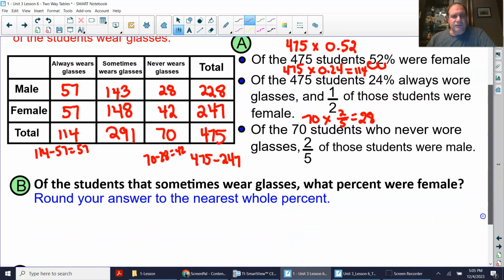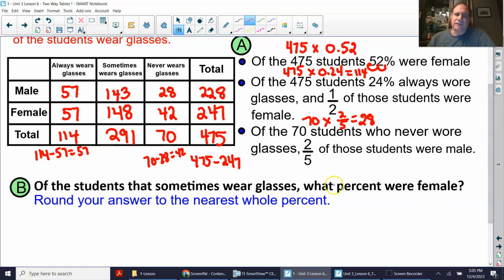So we're going to answer some questions now that we filled in all of that table. Of the students that sometimes wear glasses, of those students, so there's 291 of those students, what percent were female? So 148 sometimes wear glasses.